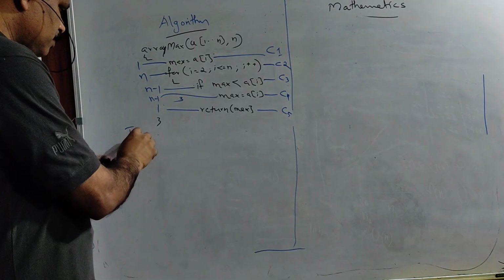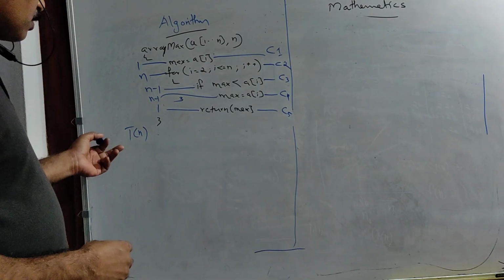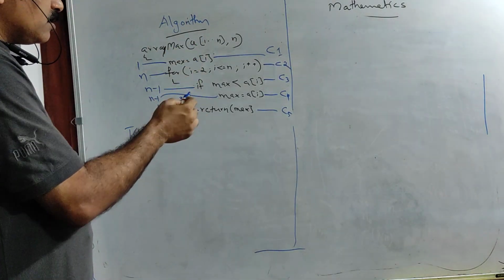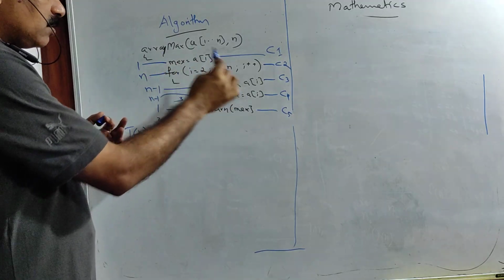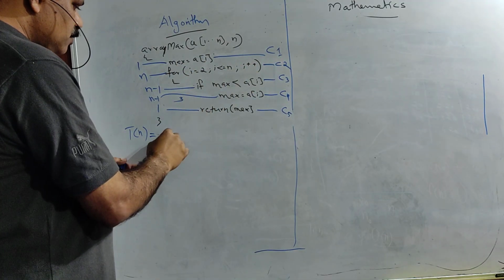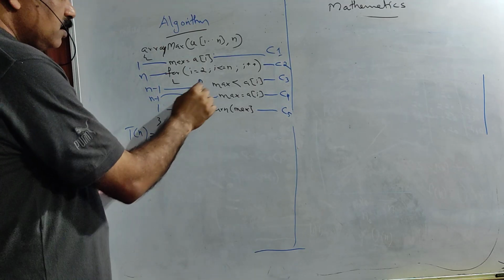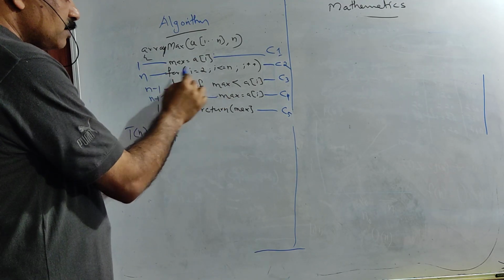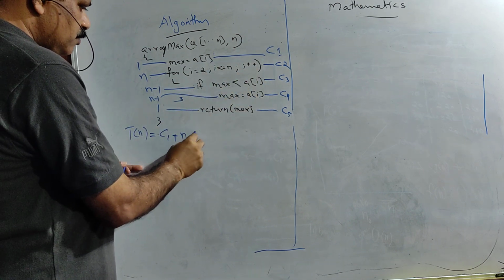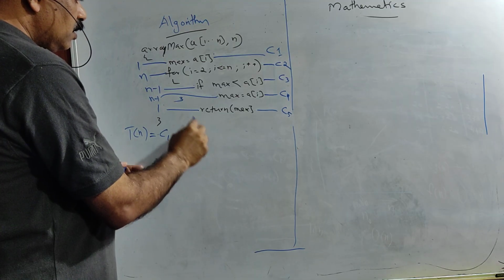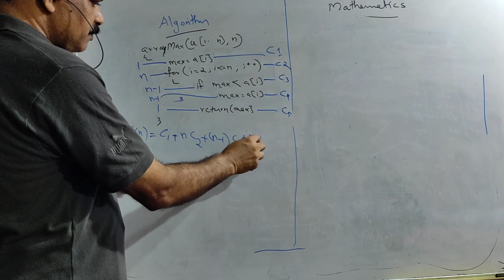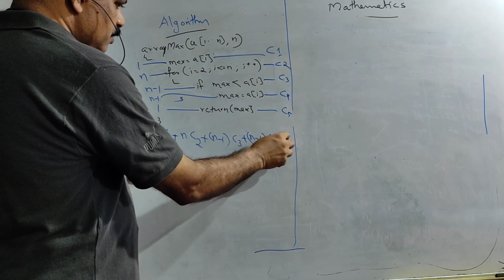So the total execution time of this algorithm, or time to process a problem of size n, is equal to the time taken by all the statements. Okay, this will be working only once. It requires time C1, so 1 into C1, plus this works n times. It will take C2 time to work once, so n into C2, plus n minus 1 into C3, plus n minus 1 into C4, plus C5.